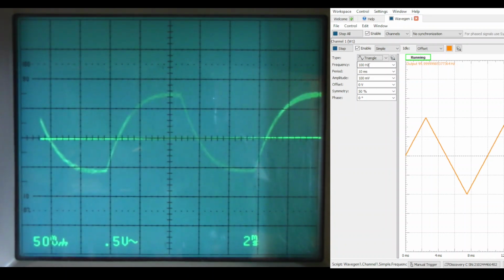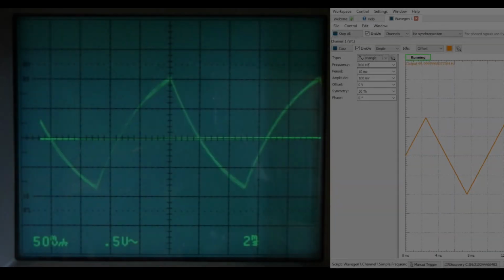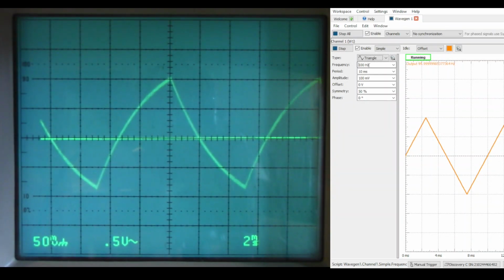What I'm going to do now is insert 2 more capacitors. First, I'm going to take that 1 microfarad capacitor out in the input and install a 10 microfarad capacitor. And I'm also going to add a 33 microfarad capacitor across the output capacitor.